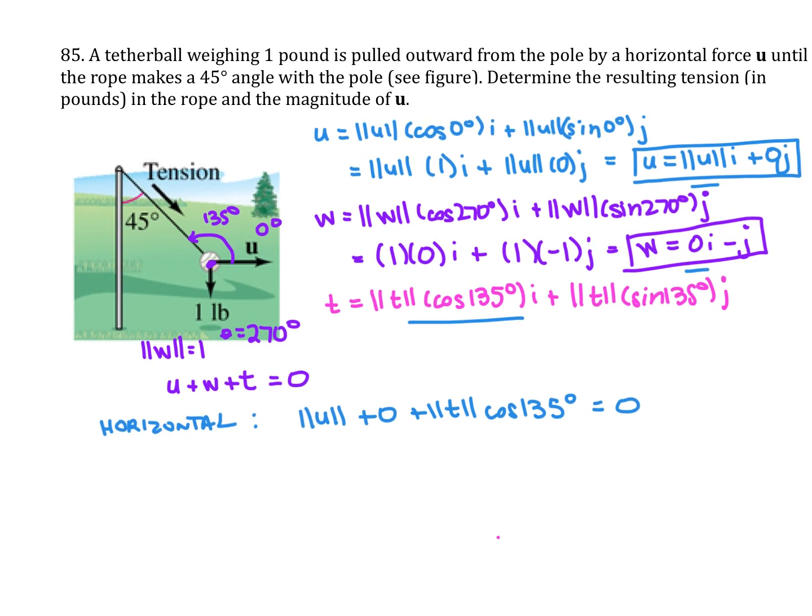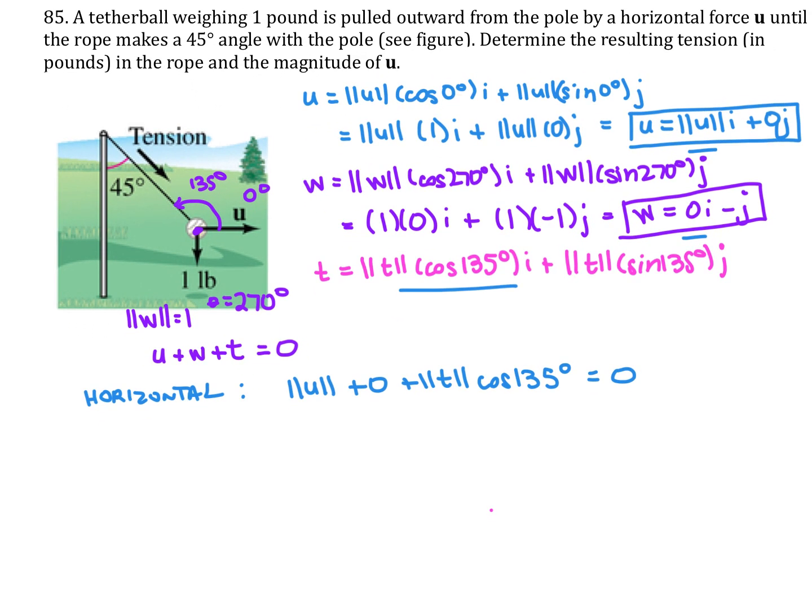We'll evaluate that 135 in a little bit. Next, let's write our vertical equation. Starting with U, we have 0, and for W, -1, and for tension T, we have the magnitude of T times sine of 135 degrees, and again, that equals 0.